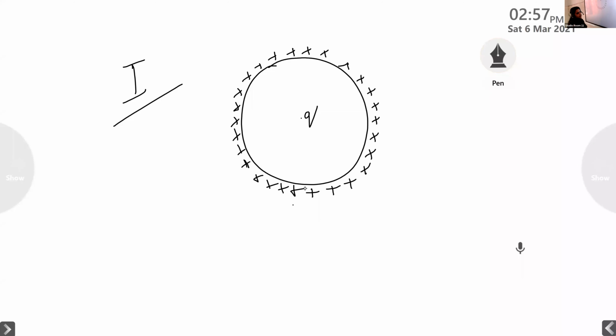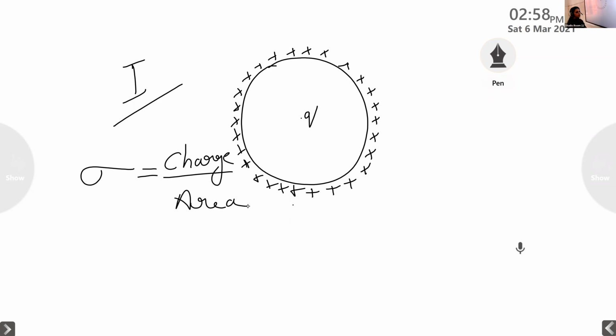Then the surface charge density sigma is given by the charge present per unit area of the surface.